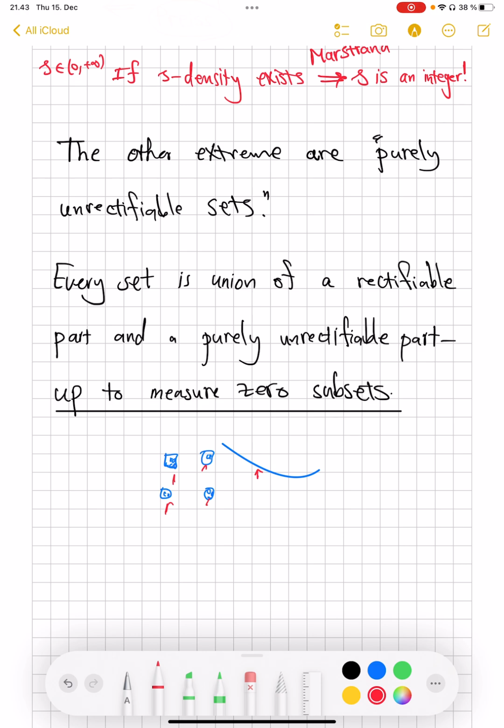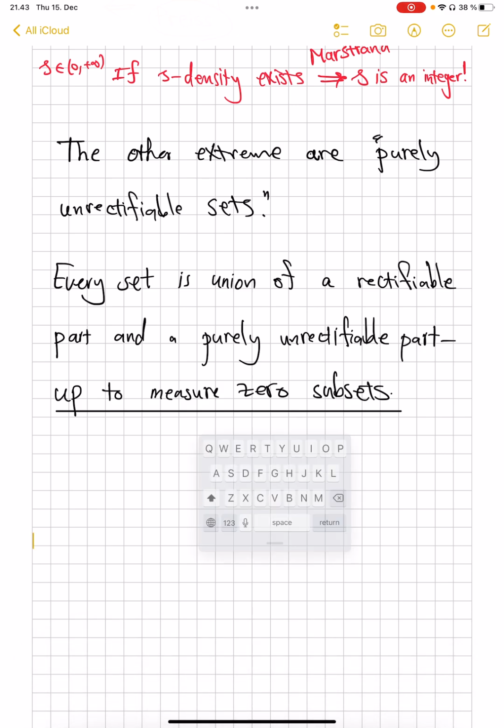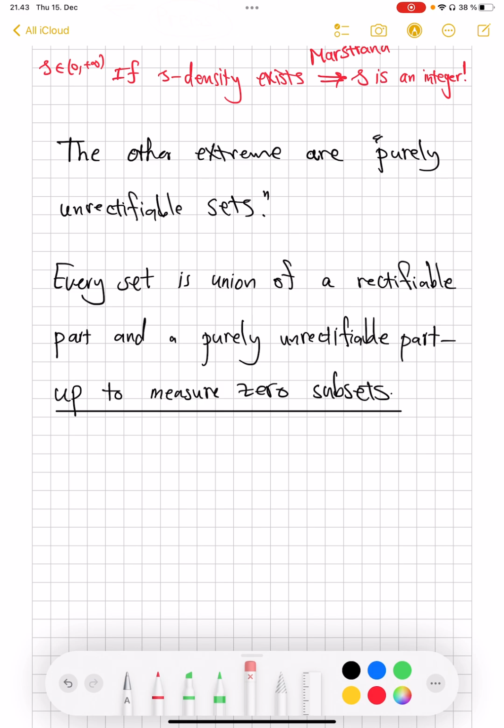So the amazing thing is that every set can be decomposed this way, and then we know exactly how the rectifiable part and the non-rectifiable part behave, and that the set you start with is the union of the two pieces. Okay, the issue of rectifiability.